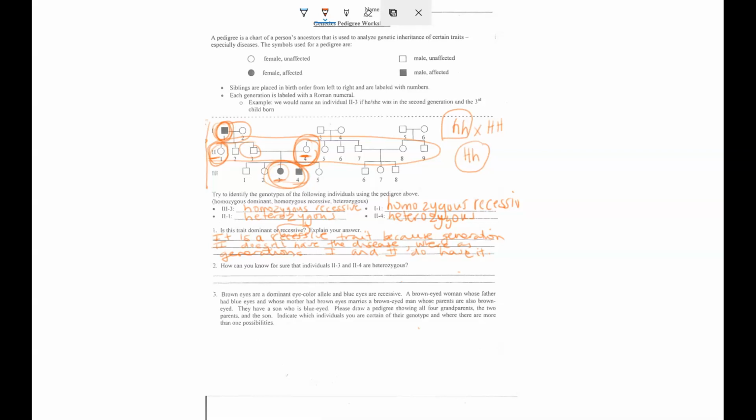Number 2, how can you know for sure that individuals 2-3 and 2-4 are heterozygous? Well, we know this because their offspring have the disease, okay?